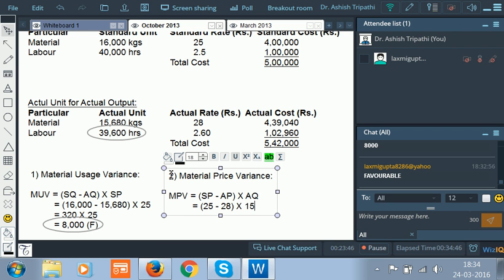Actual quantity of material is 15,680. So let us try to solve. Therefore 25 minus 28 will give you minus 3.